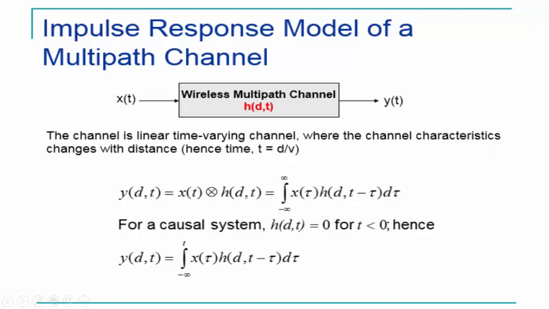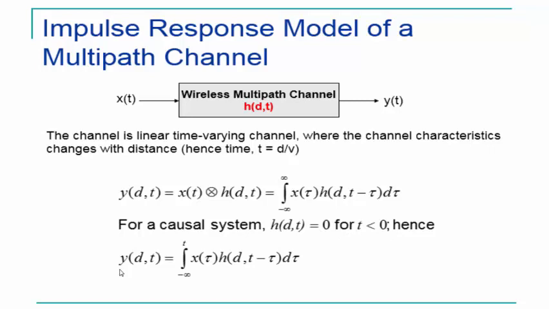The output signal y of d comma t is the input signal x of t convolved with the impulse response of the filter h of d comma t. So we can write it as the integration from minus infinity to infinity of x of tau into h of d comma t minus tau d tau.